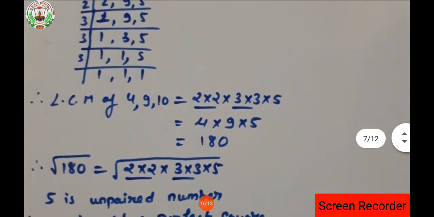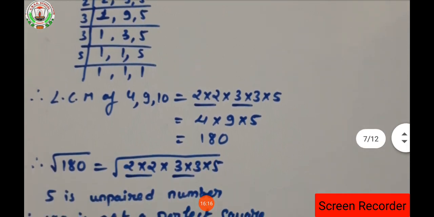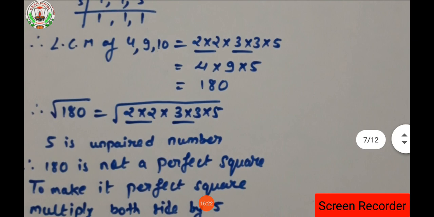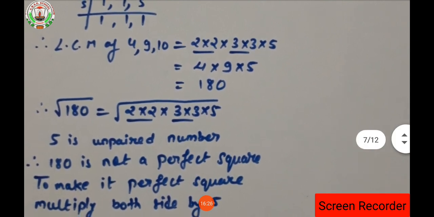Now the factors of 180 will be 2 into 2 into 3 into 3 into 5. Now 5 is again an unpaired number, isn't it? If it is an unpaired number, that means 180, the LCM of 4, 9 and 10, is not a perfect square. So to make the LCM 180 into a perfect square, what we are going to do?